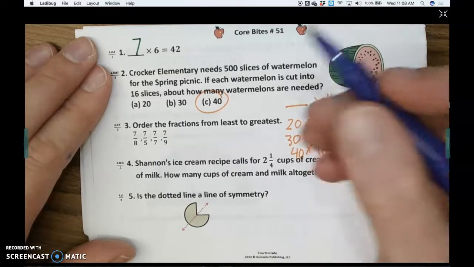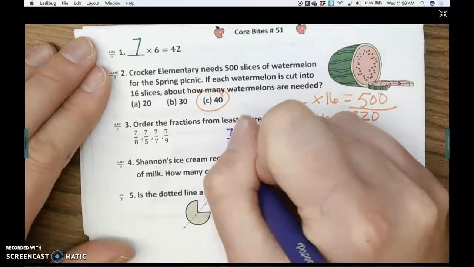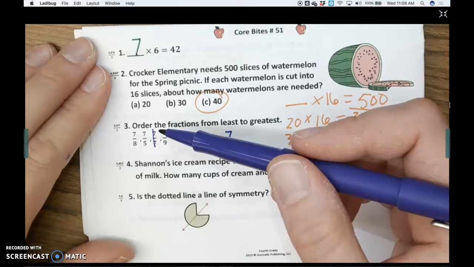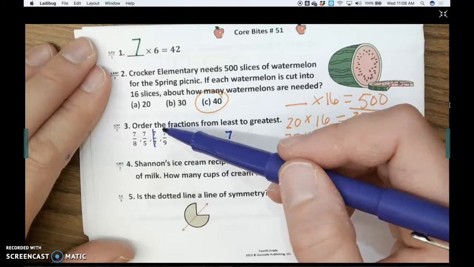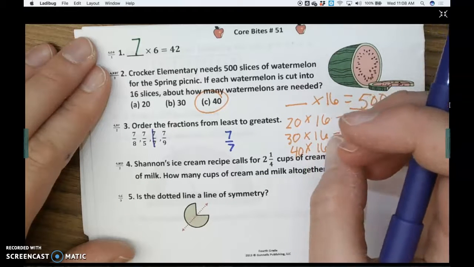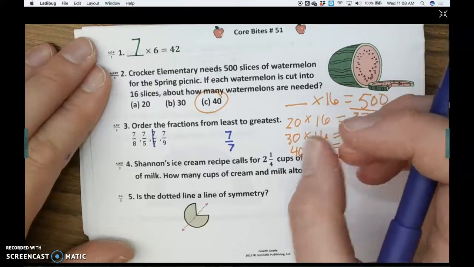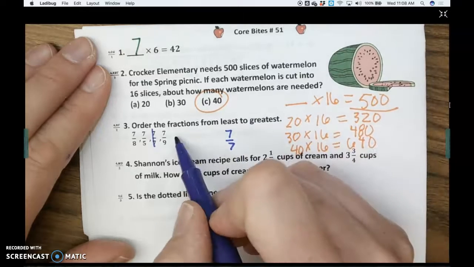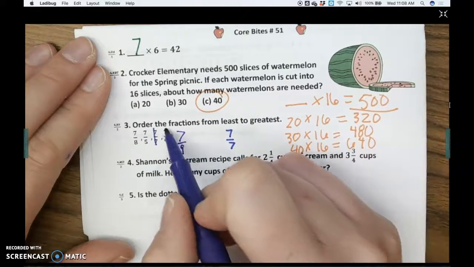So that's going to equal 1. So let's go ahead and put it down. Okay. But then you've got 7/9. Okay, so that would actually be your smallest because it's your greatest denominator. So that's going to go towards the front.